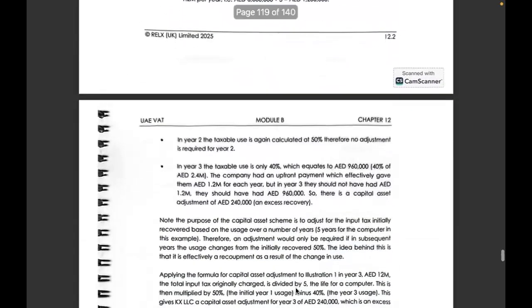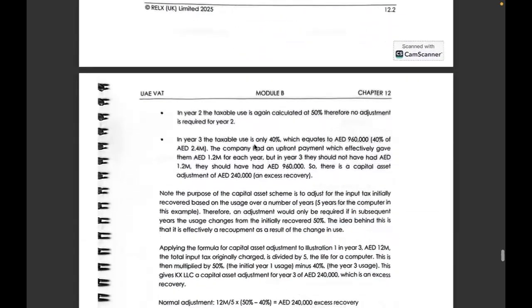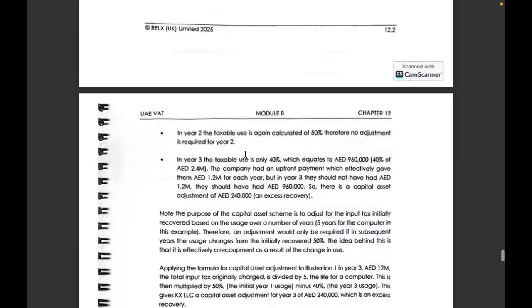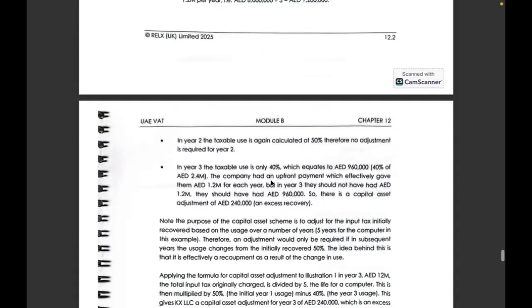This is the capital asset adjustment. In year three, the taxable use is only 40%, which equates to 960,000, 40% of the AED 2.4 million. The company had an upfront payment which effectively gave them AED 1.2 million for each year, but in year three, they should not have had AED 1.2 million.